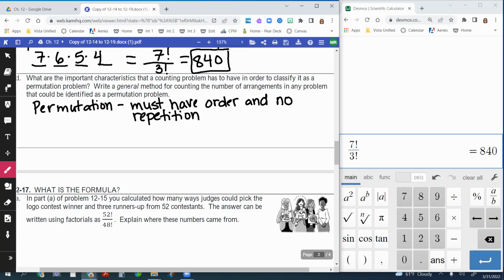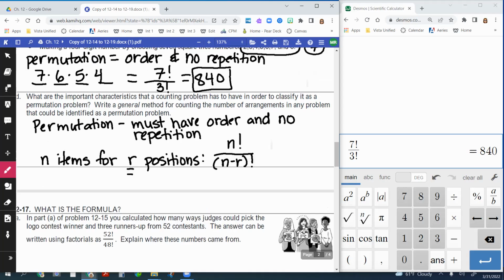Now, if I'm doing this in general, let's say I have n items for r positions or slots. What am I doing? I'm taking n factorial, which is the total, and then on the bottom, I am not using this number. I have that many slots. It's going to be subtracting them.